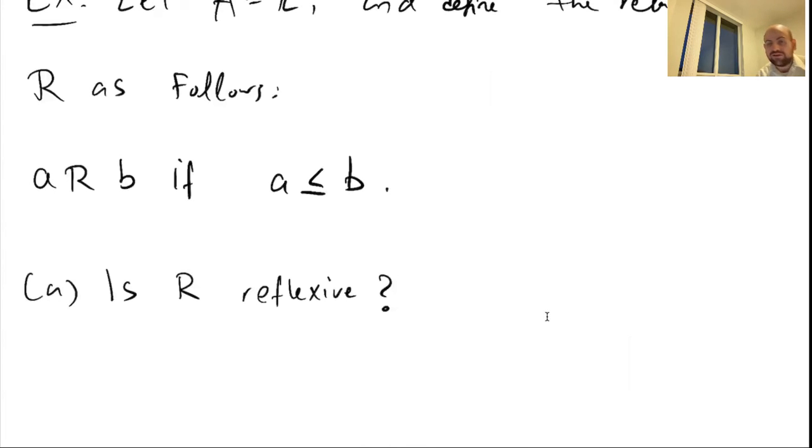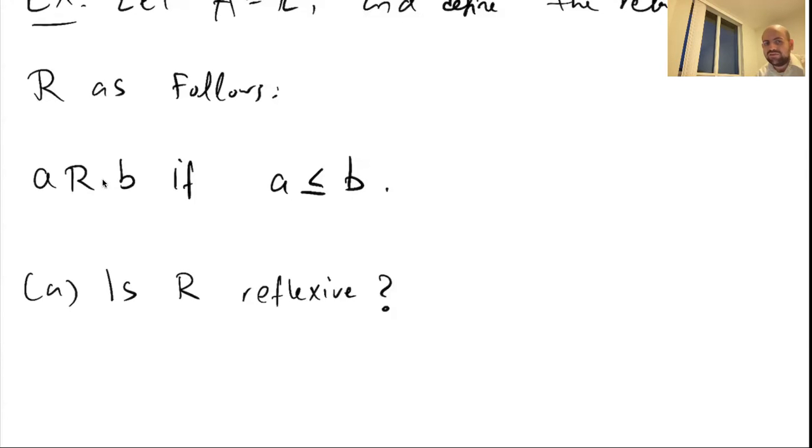I have to again look at the definition of the relation. When can I say that A and A is in R? If A is less than or equal to A. Because according to the definition, A and B is in R if A is less than or equal to B. Now, if I fix my element A in Z, can I say that A and A is in R?